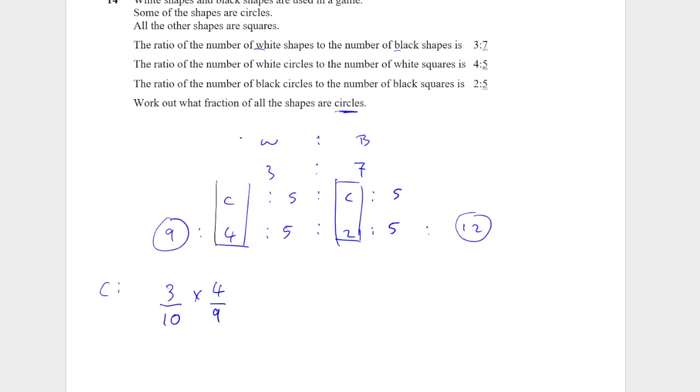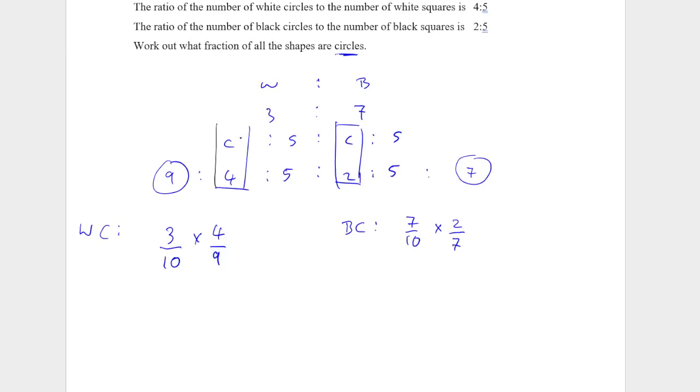So that's the proportion of white circles. If we look at black circles in a similar fashion, we've got 7/10, and then I'm not sure why I put 12 there. That should have been 7. And 2/7 of them are circles.